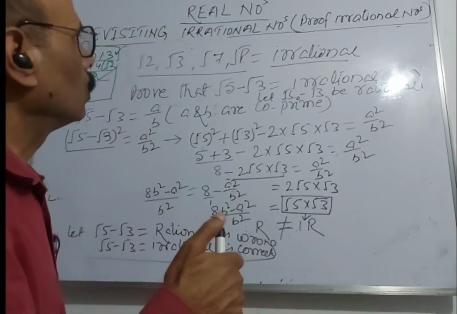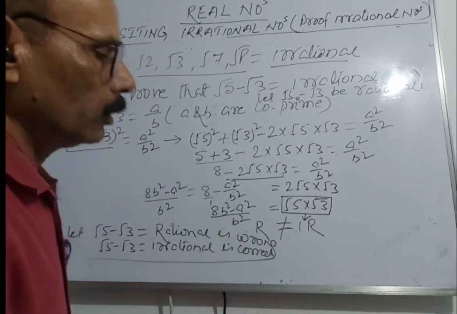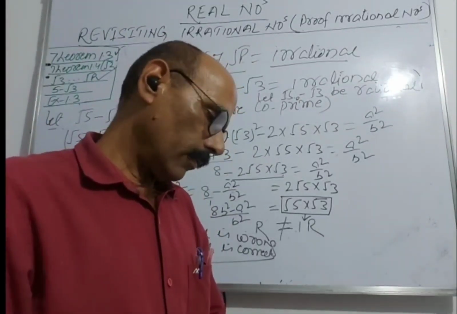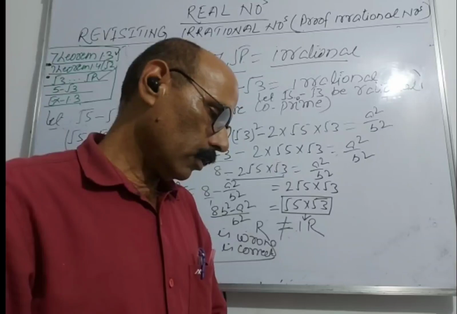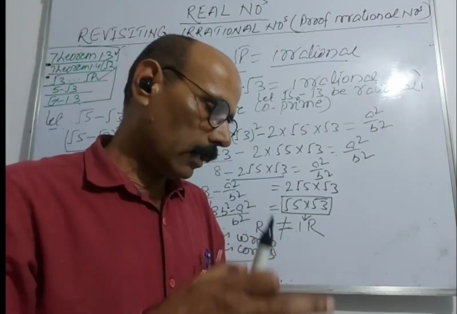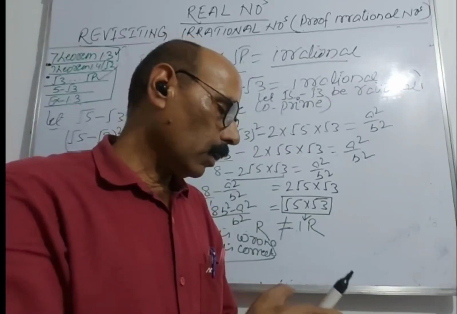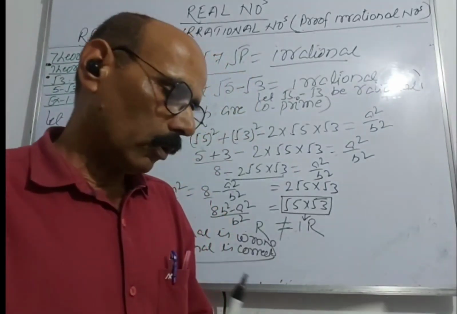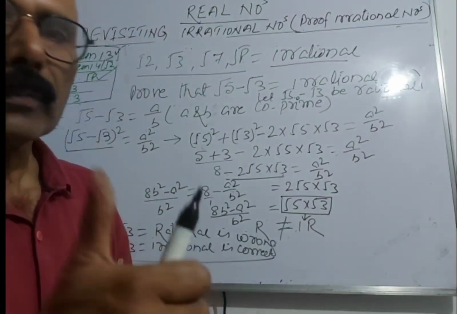Now I will stop this video. This chapter on irrationality of numbers means you can easily prove any prime number under root, or multiple, or plus minus, is irrational.